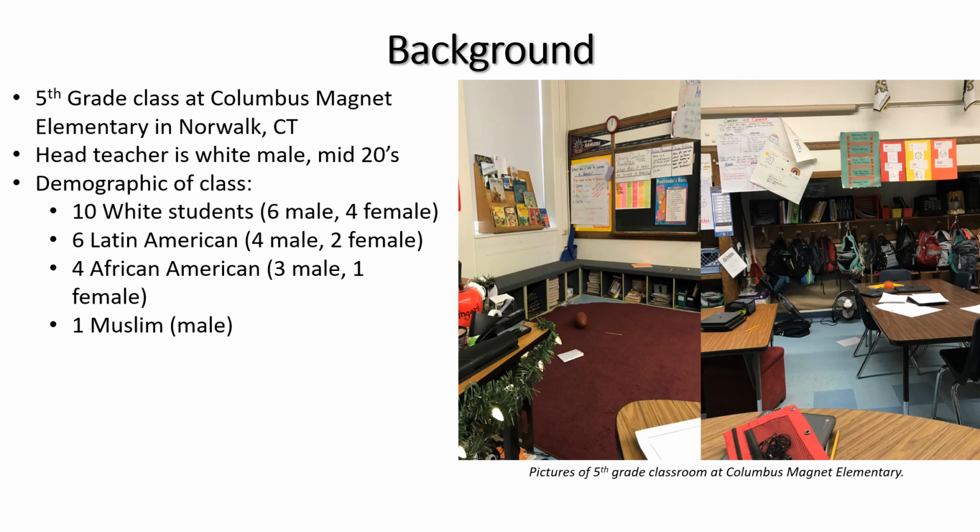The class is used to it, so it didn't really show too much of a distraction while he was teaching. But it was nice to see that the teacher was able to notice that the student got antsy and was able to figure out a way to not only control the student himself, but to also keep the class on task. All right, so now that you know a little bit about the class, let's go into the thesis.